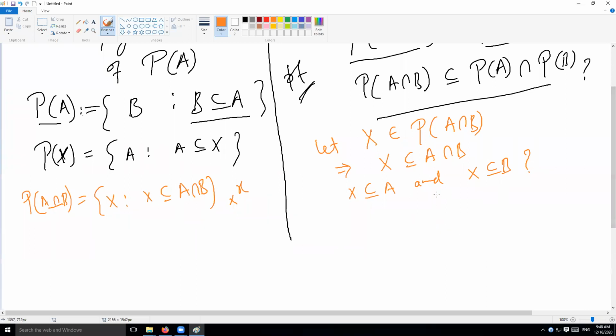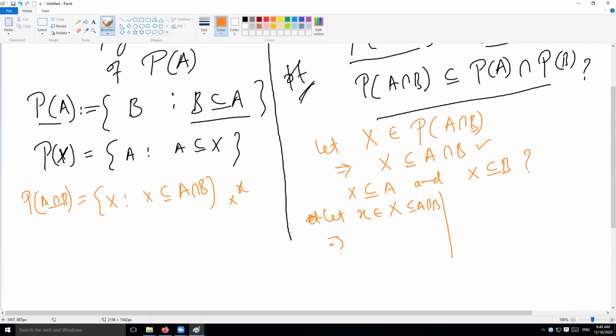The justification can come from here: let's pick an element. Let's pick an x from X. But I know that X is a subset of A intersection B; this is what is known to me.